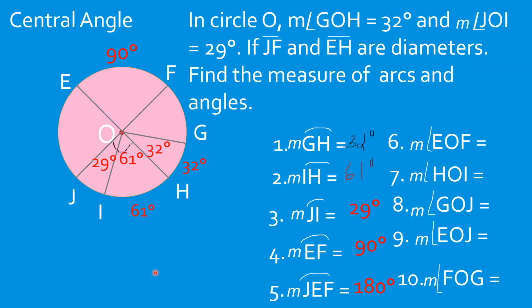Now, what about the angles? Number 6, we have the measure of angle EOF, and that is equal to 90, the measure of the arc. Therefore, the angle is also 90 degrees. And then we have HOI, which is equal to 61 degrees. And angle GOJ is equal to 122.